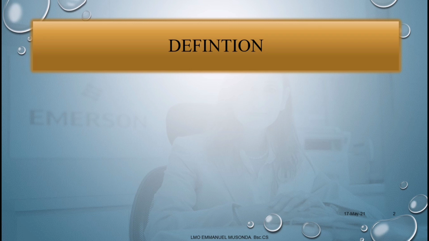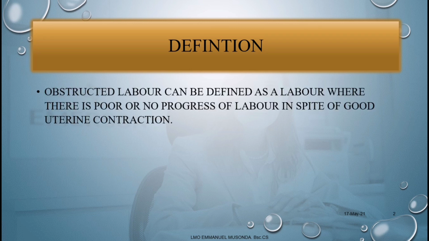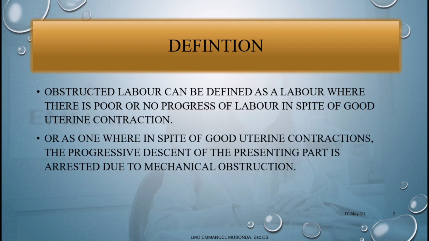For the definition, obstructed labor can be defined as a labor where there is poor or no progress of labor in spite of good uterine contraction, or as one where, in spite of good contraction, the progressive descent of the presenting part is arrested due to mechanical obstruction.